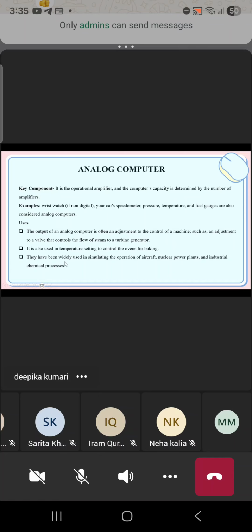They have been widely used in simulating the operation of aircraft, nuclear power plants, and industrial chemical processes. So you can see each and every use is very specific. The first one is focused on machinery or generator, the second one is to control the temperature setting for baking, and the third one is controlling the operation of aircraft or nuclear power plants.